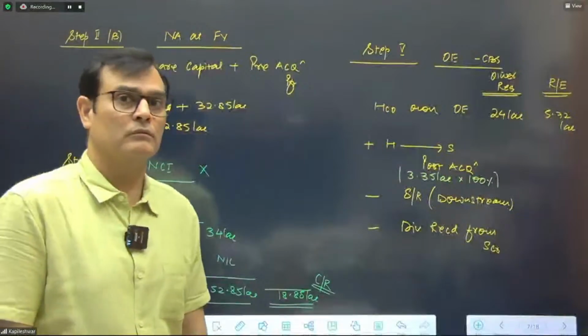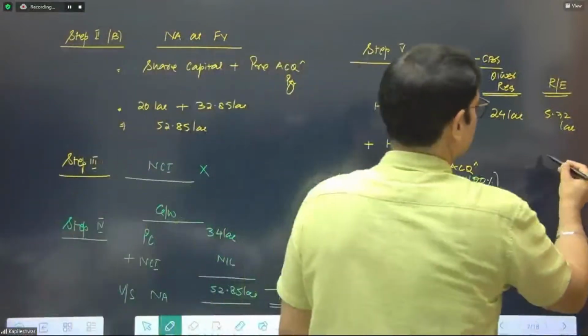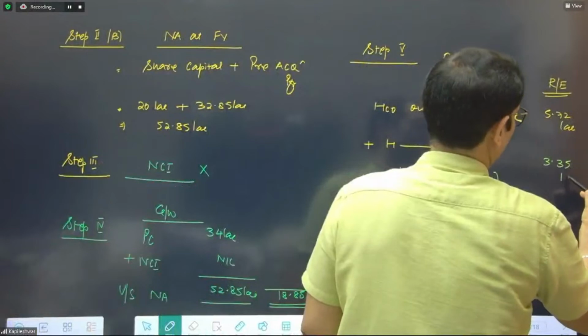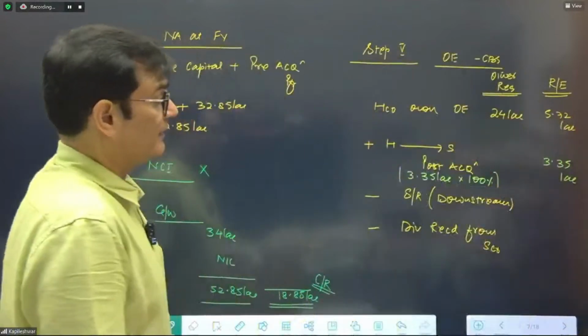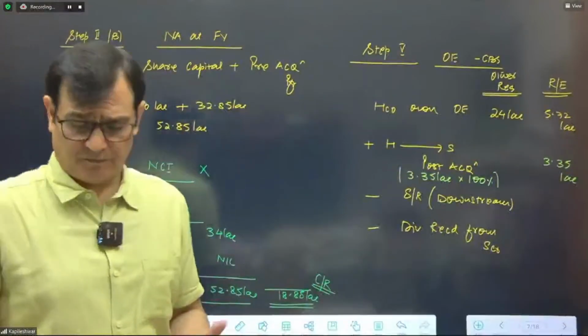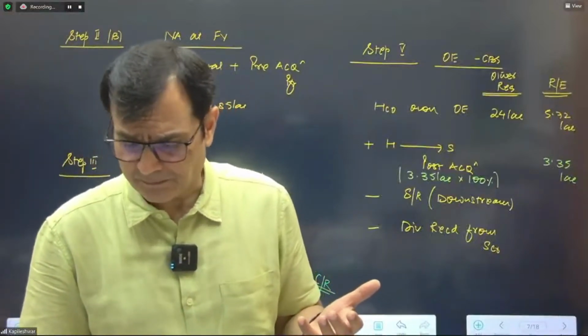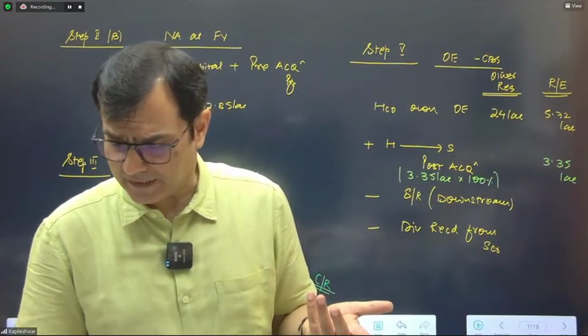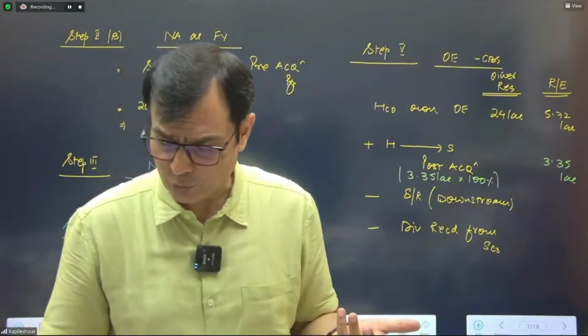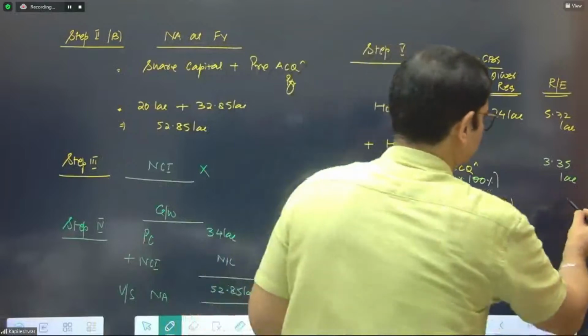There is no NCI. So this gets added in the retained earnings column. I guess in terms of the stock reserve, we are not given any information. The additional information does not give me any status in terms of that information. So there is no stock reserve calculation.